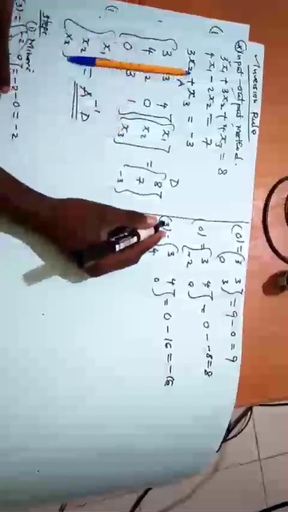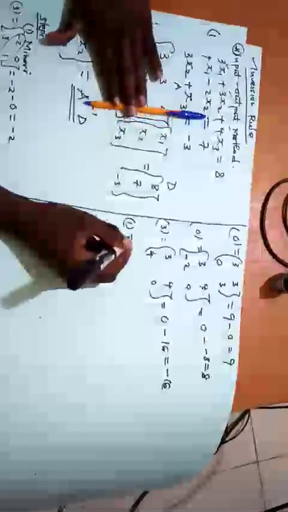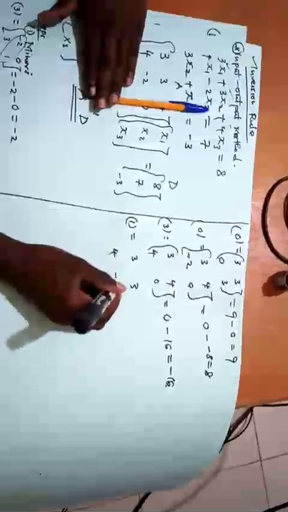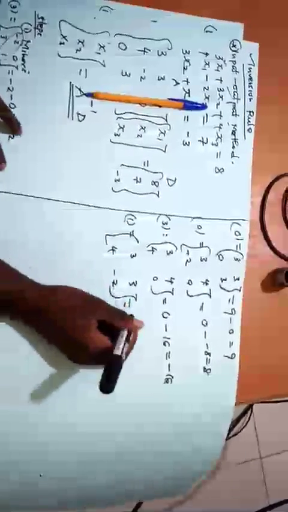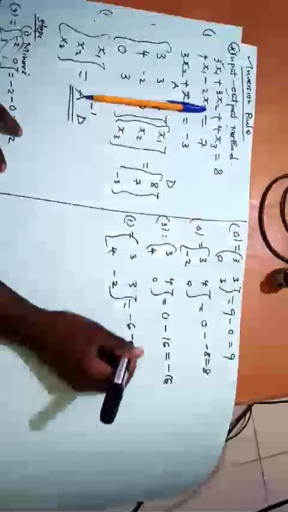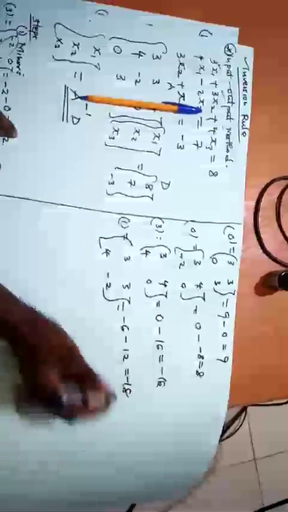Then we are talking again about now this 1, the minor for 1, you cross this, and you cross this. So we have 3, 3, 4, negative 2. So in this case, we are going to have 3 times negative 2, which is negative 6. Then we are subtracting 4 times this, which is 12. So negative 6 minus 12 is negative 18.